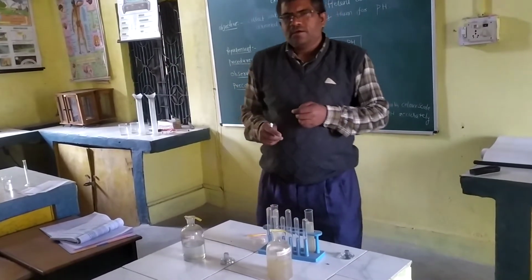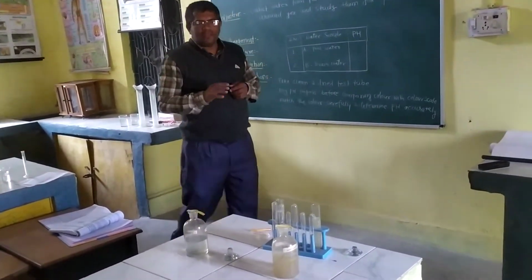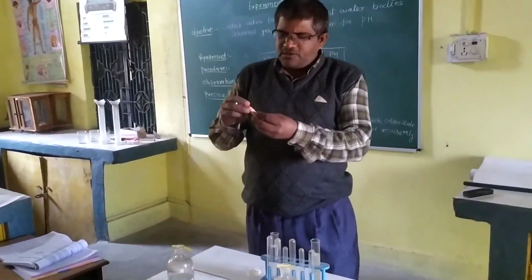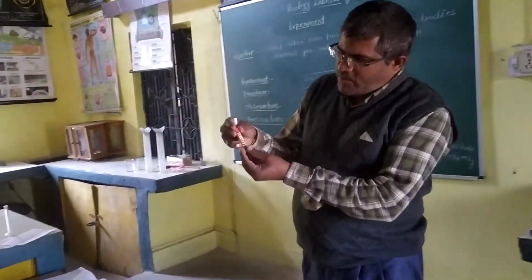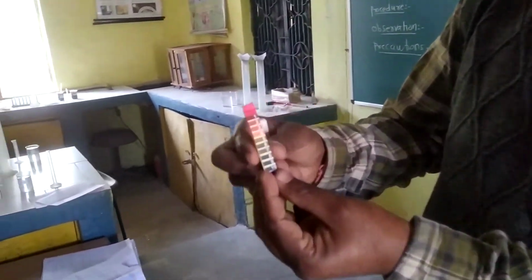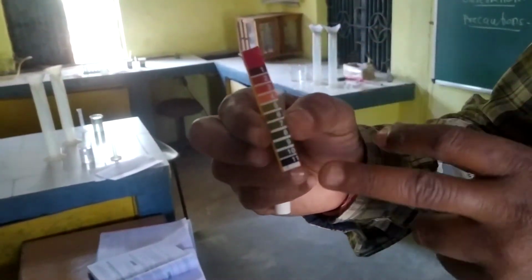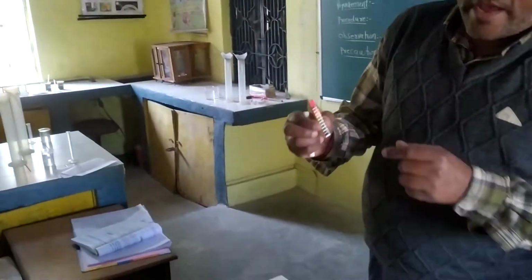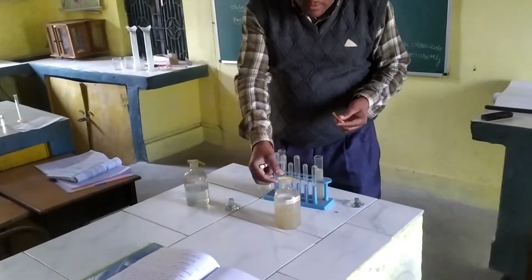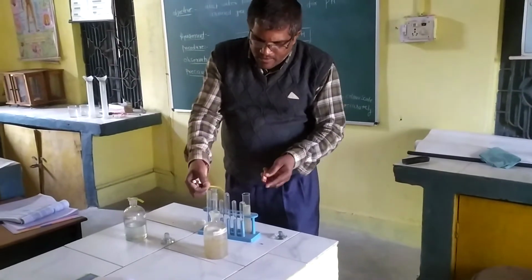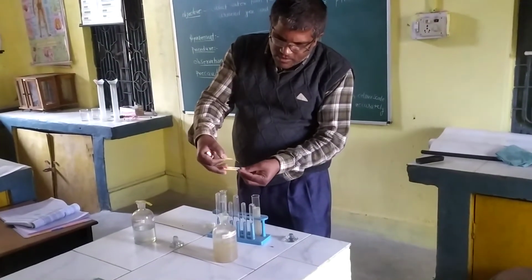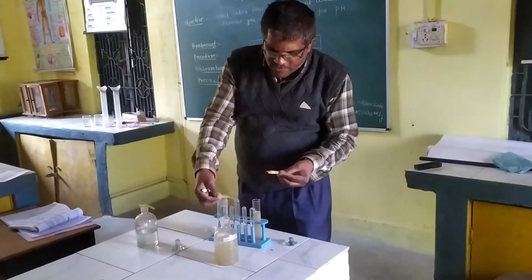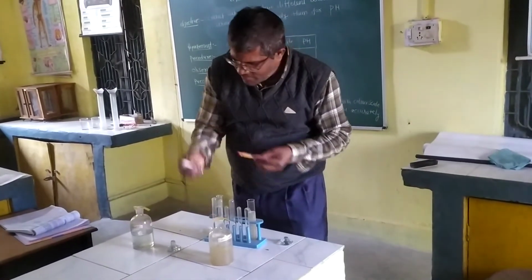Once the pH paper gets dry, we will measure with the help of the pH scale, where pH values from 1 to 11 are given. As soon as the pH paper dries, we will match it with the pH scale.